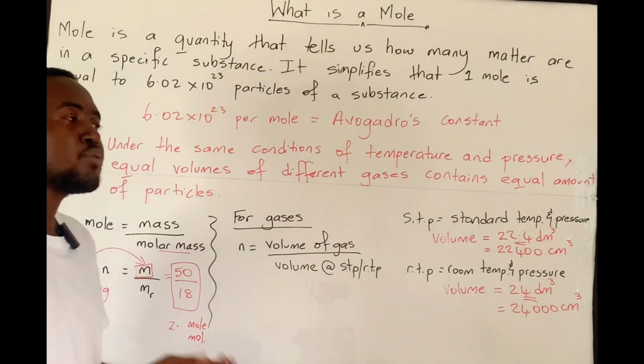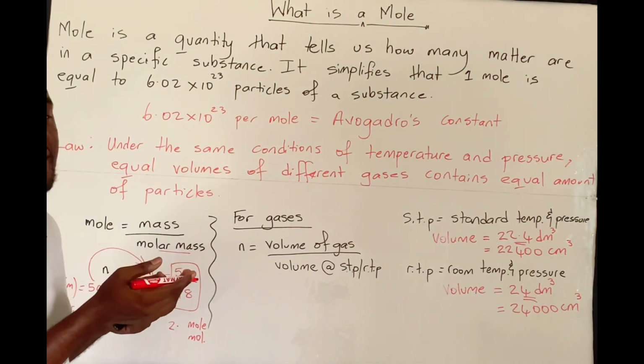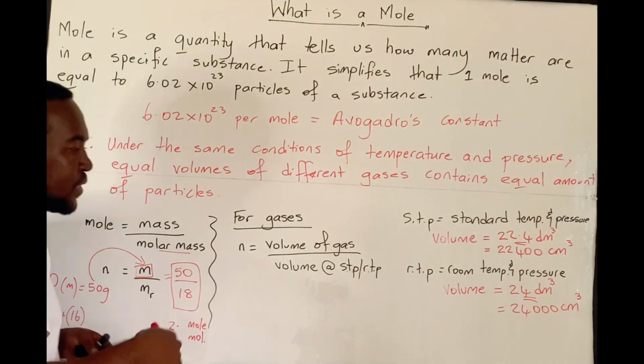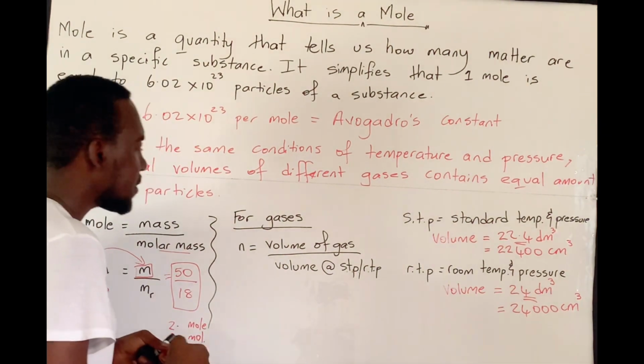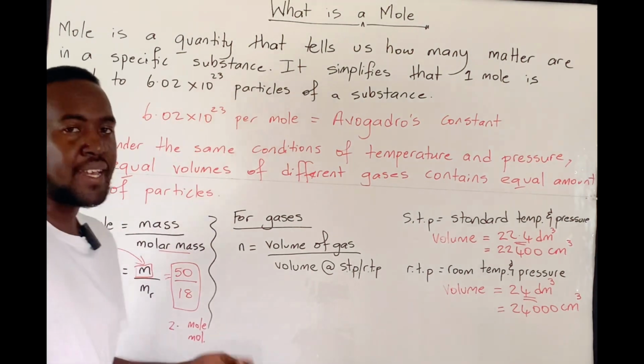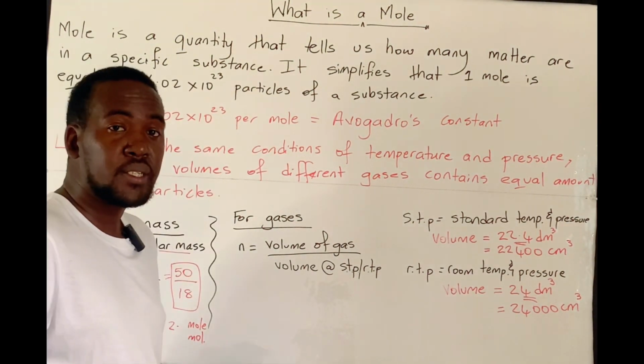So hence you have to know which one of those constants we need to use. So for gases, to find the mole, we basically divide the volume of the gas by the value of the STP or the RTP condition, based on which condition it is.